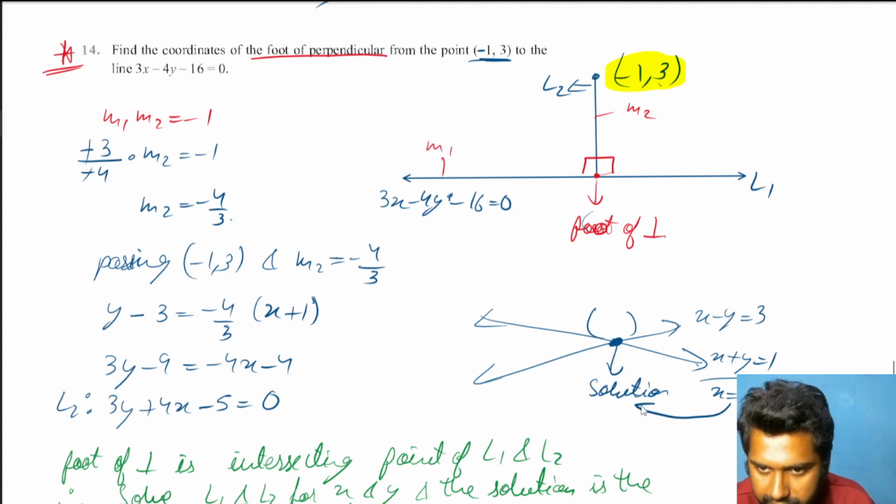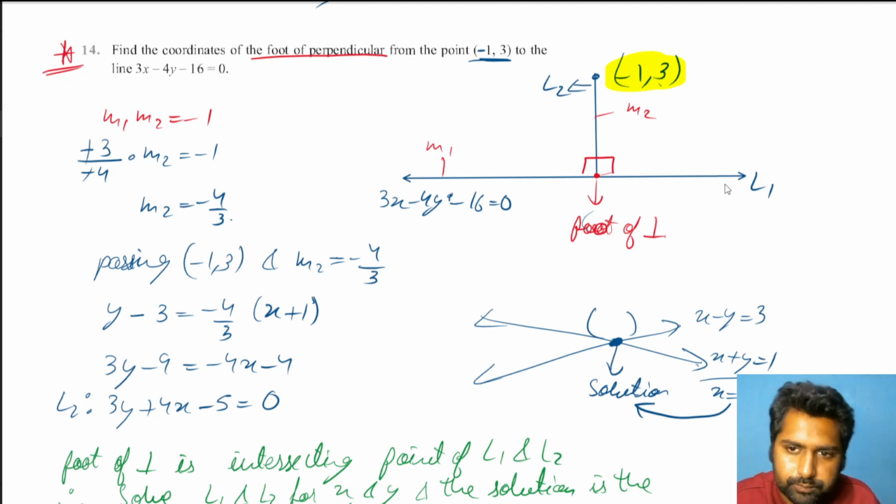Same way, L1 and L2 we know. We do the elimination, we get the value of x and y, and the value of x and y will be the coordinate of this foot of perpendicular. That's why I put a star on this.